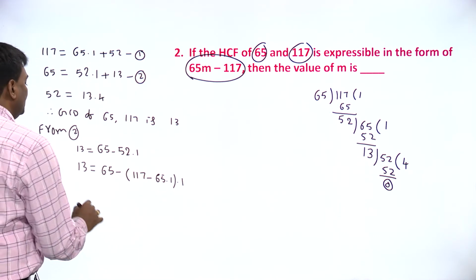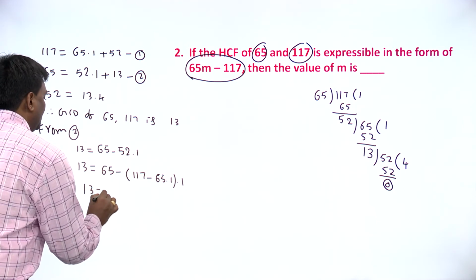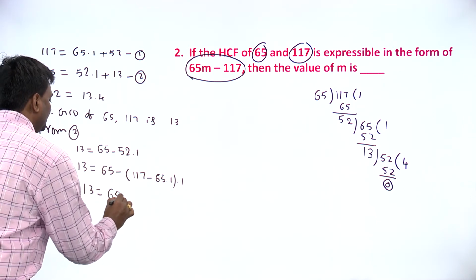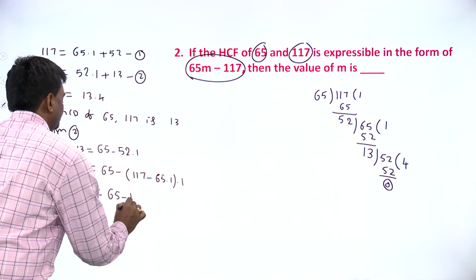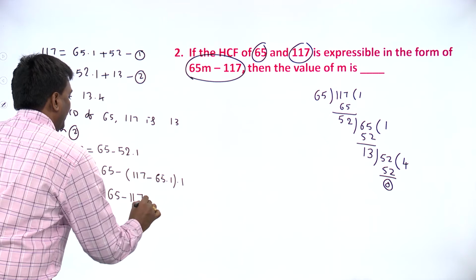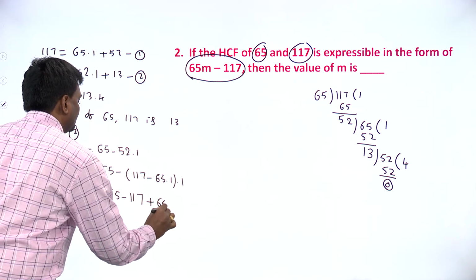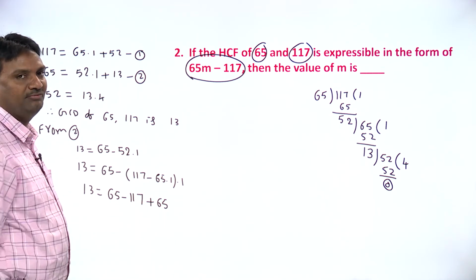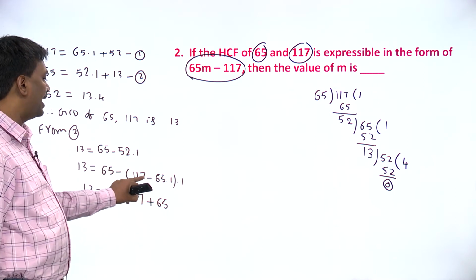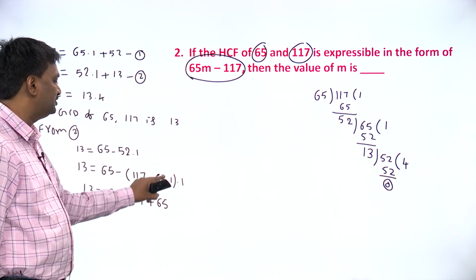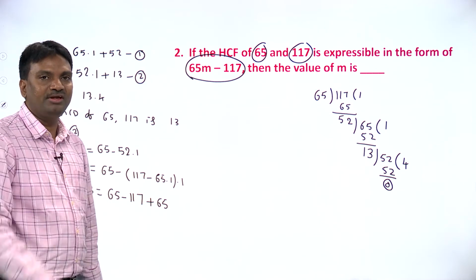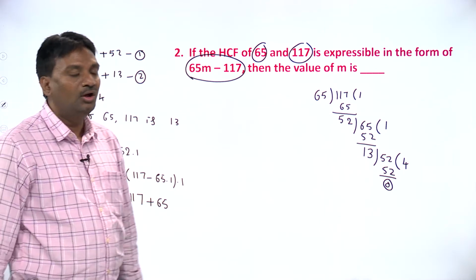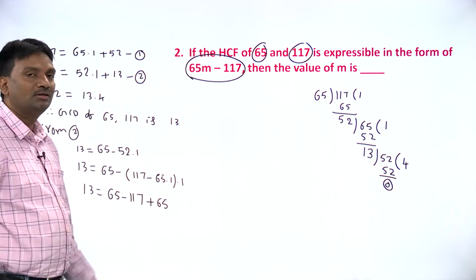So, by simplifying this you will get 13 equal to 65 minus 117 into 1, minus of minus plus 65 into 1, that is 65 only, where 65 plus 65 is 130, that is nothing but 2 into 65.